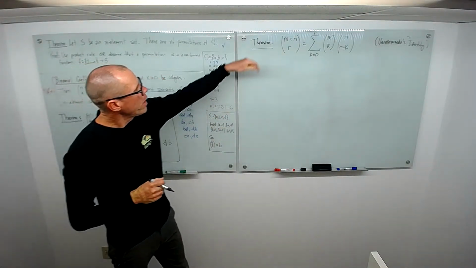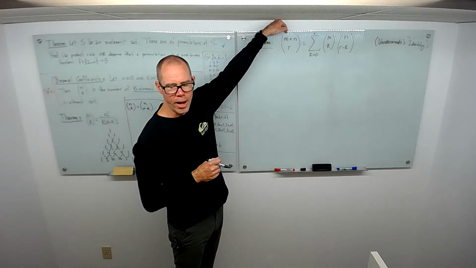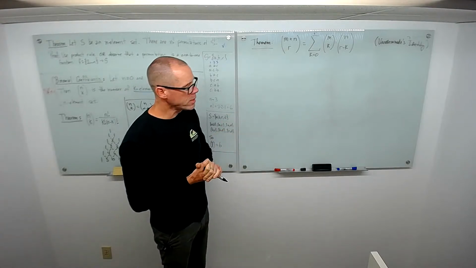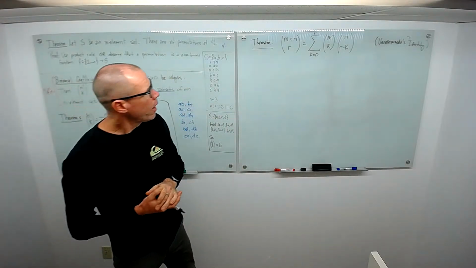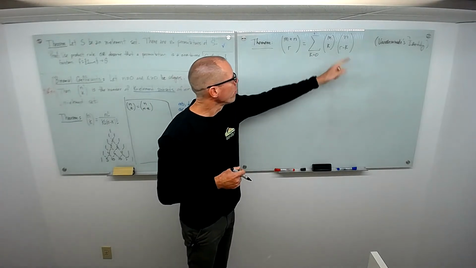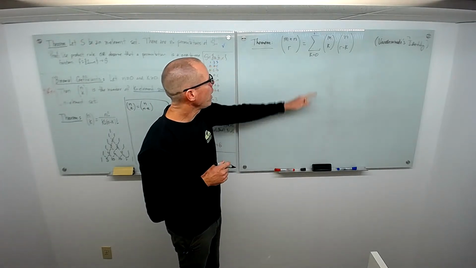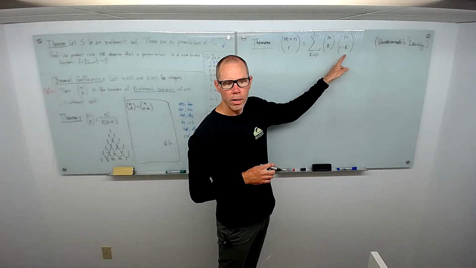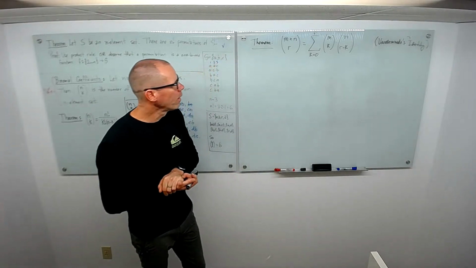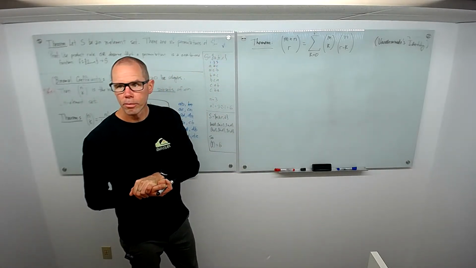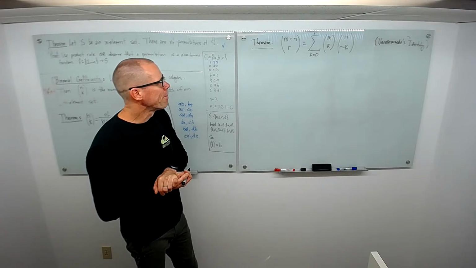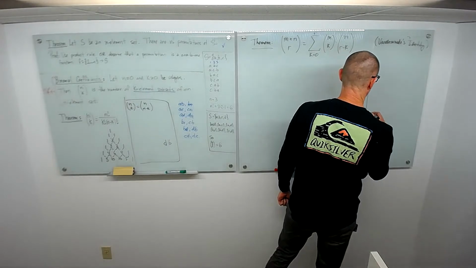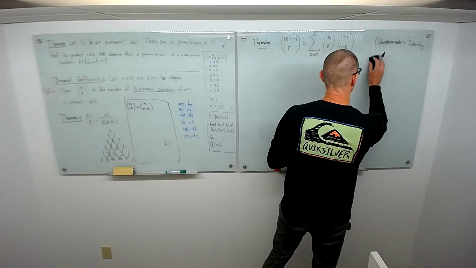It says we have a big set of size m plus n, and we want to choose our things from that set. Here's a formula for that: you sum up k equals 0 to r, m choose k times n choose r minus k. This looks daunting, but it's not actually. Here's the trick.